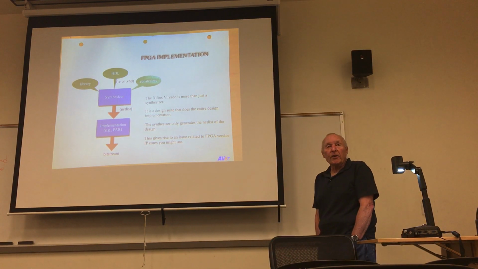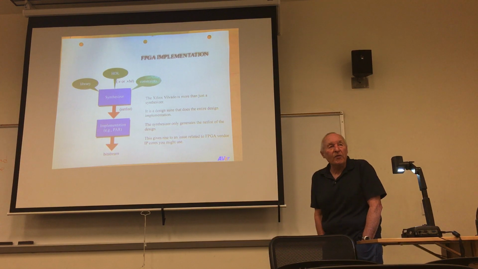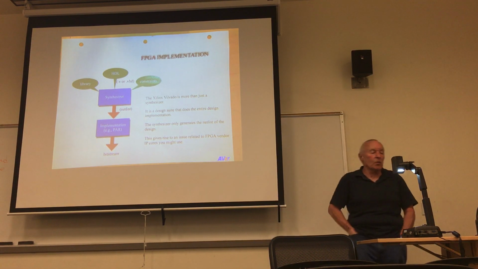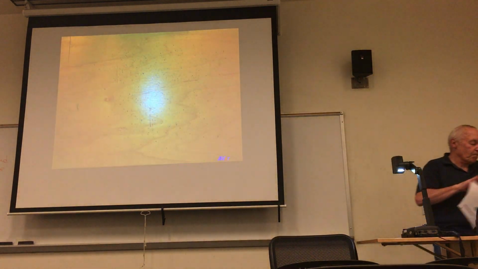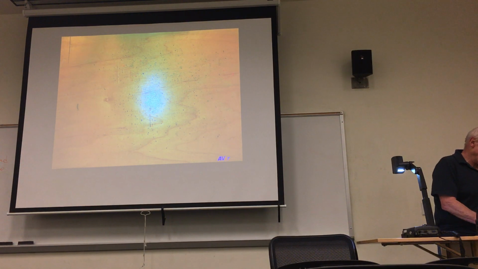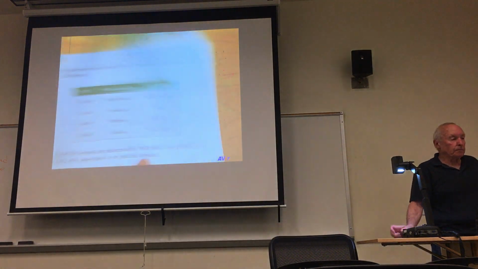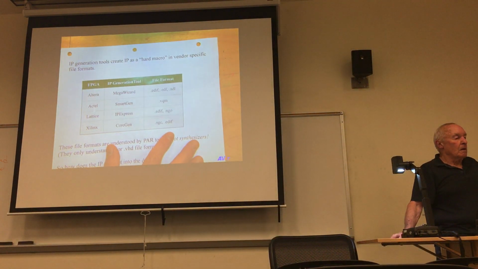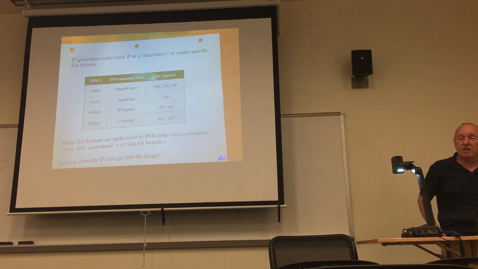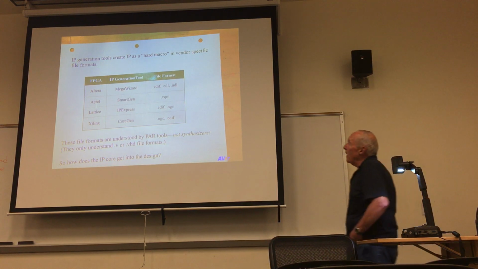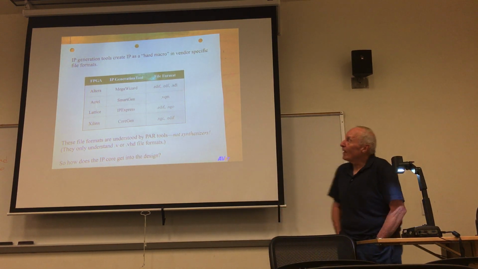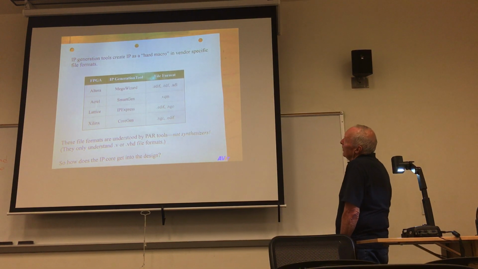But the core generator doesn't give you a .v file that you can synthesize. The .v file is for simulation only. So, the IP generation tools create IP, which is commonly referred to as a hard macro. Some people say it's hard because it's hard to do, but at any rate, that's the name used.